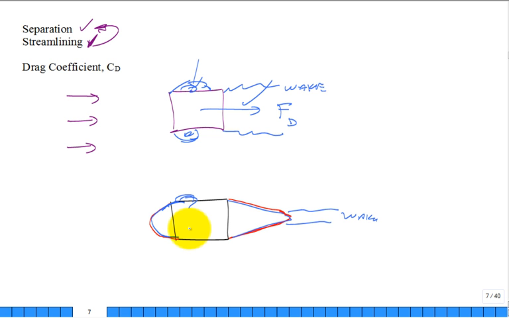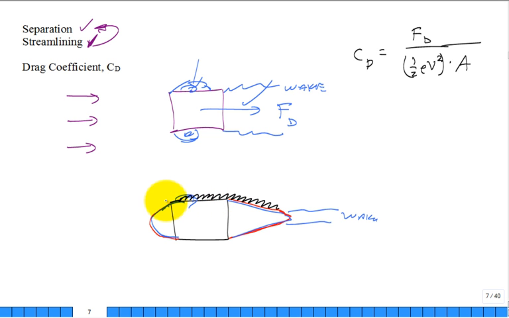All right. The drag coefficient, C sub D, what is that? The total drag force divided by 1/2 rho V squared times A. And what is that A? Do I go and get the sum of the area over this object?